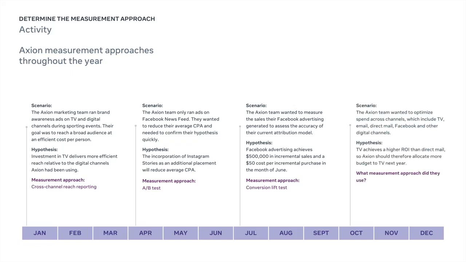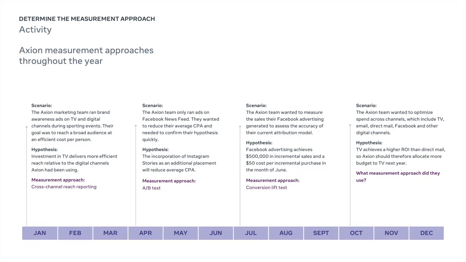Last one. The Axiom team wanted to optimize spend across channels, which included TV, email, direct mail, Facebook, and other digital channels. They wanted to test their hypothesis that TV achieved a higher return on investment than direct mail, and they should then allocate more budget to TV in the following year.